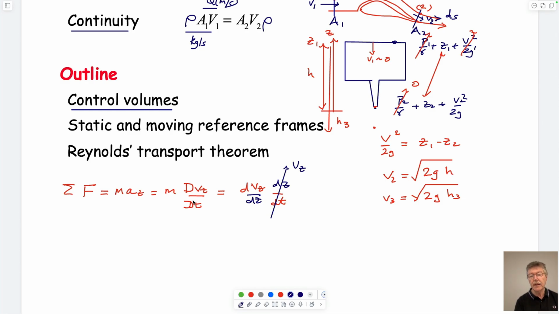And we talked about this acceleration. This is the acceleration that's attached to me. If I was going across the room a bit faster and accelerating rather than at constant velocity, this would be the accelerometer attached to me. The other one, the convective acceleration, is my velocity times the change of velocity with location.